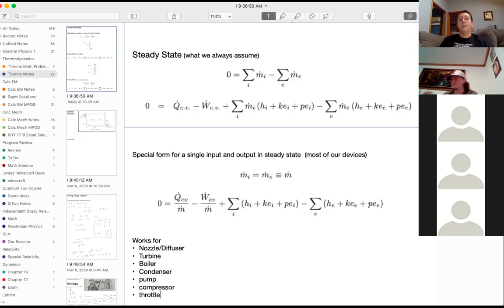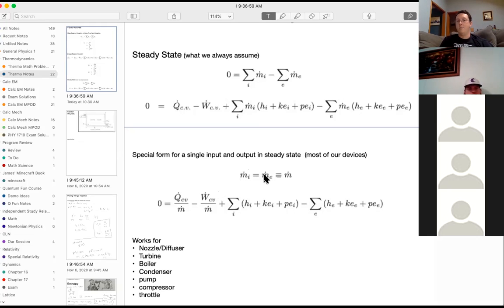So if you think about it, if you have one line in, one line out, when you go up to the mass flow rate equation, the sums are all trivial. There's just one input, one output. So that means the inputs equal the outputs, because the equation says that the inputs minus the outputs add up to 0, and you just have one of each.